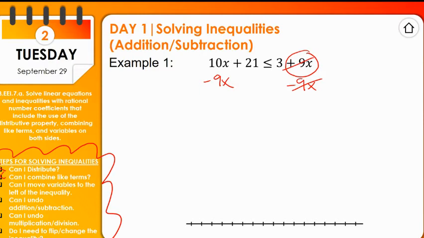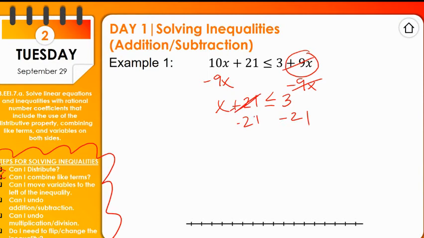10x minus 9x is x, and then I bring down everything else. So x plus 21 is less than or equal to 3. So I want to subtract 21 from both sides.